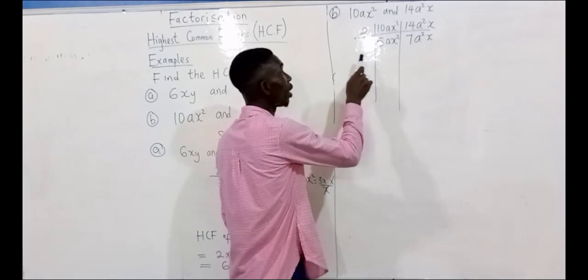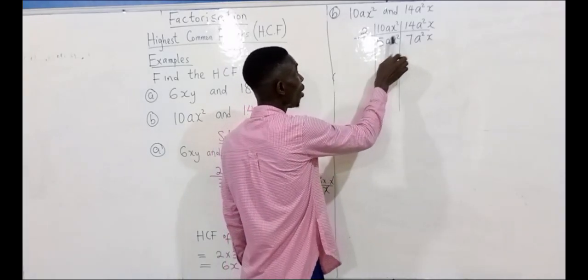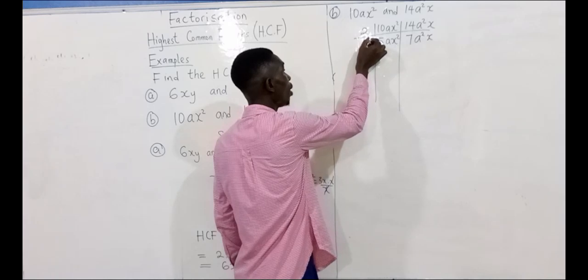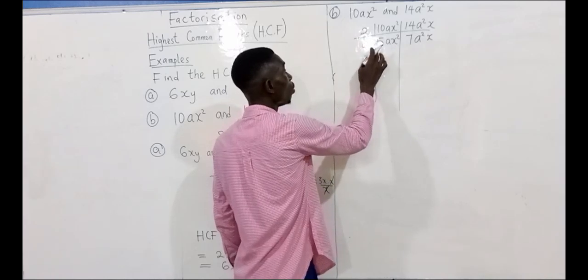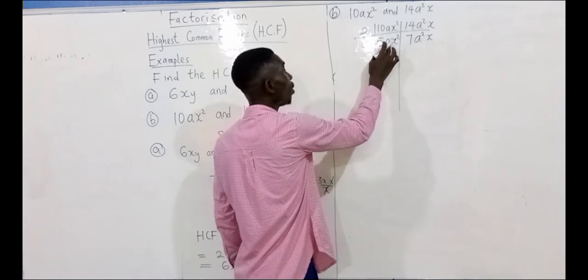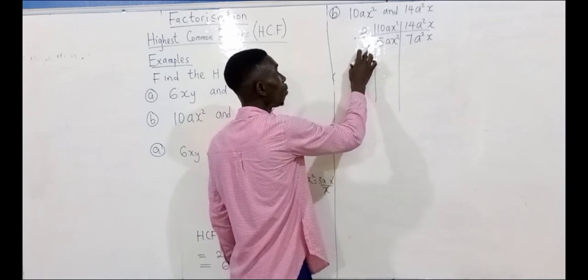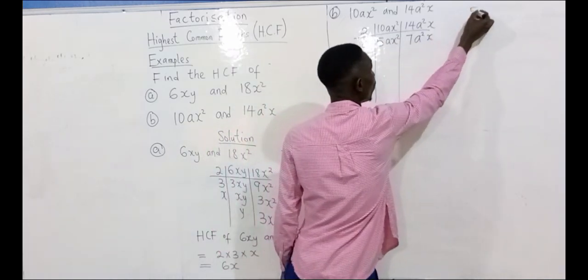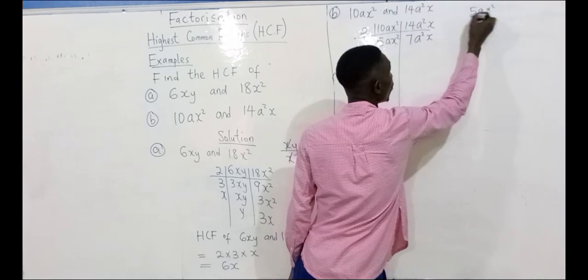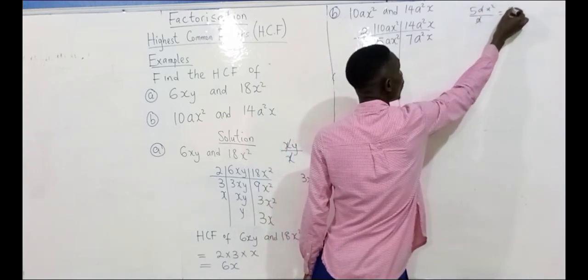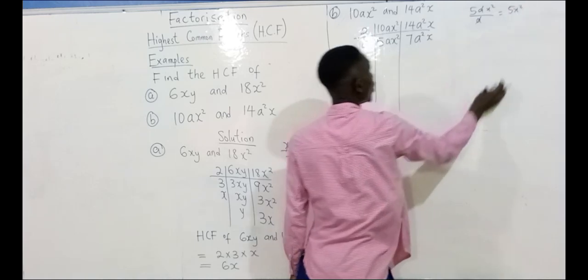So we proceed to looking at the alphabet. We have a squared here, so we can divide through by a. 5ax squared divided by a, the a goes off, and then we have 5x squared.